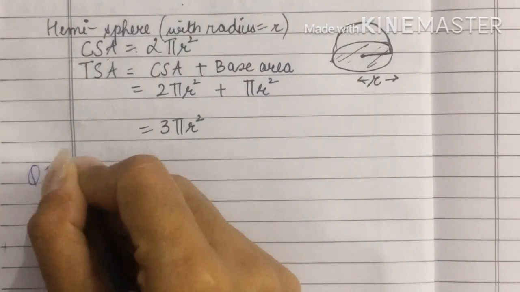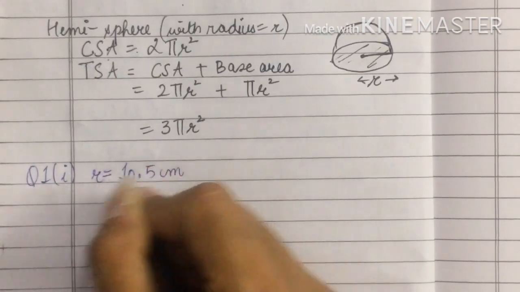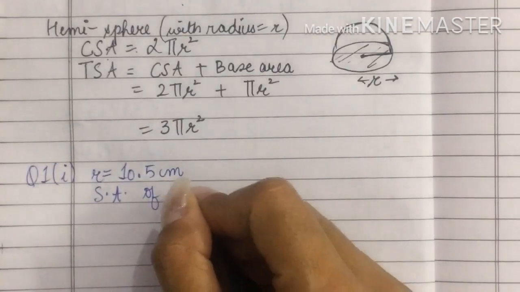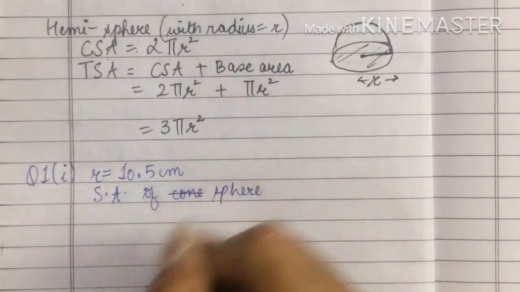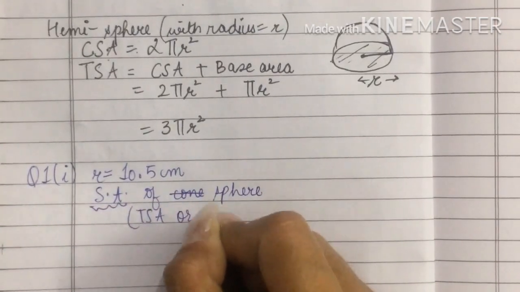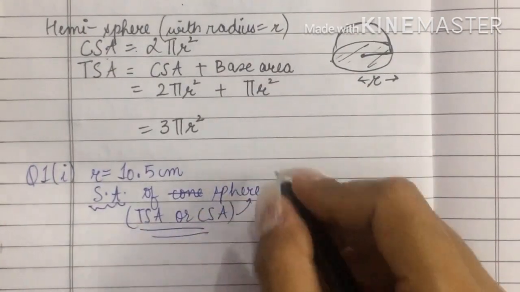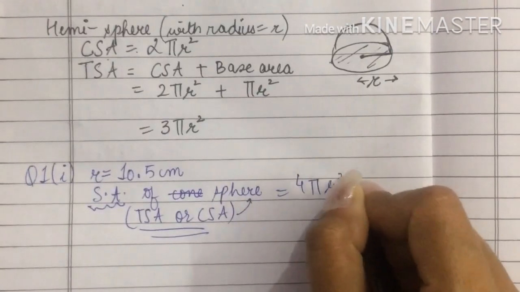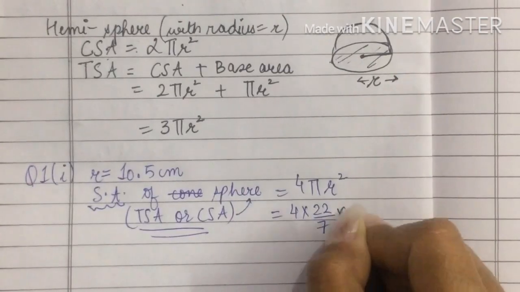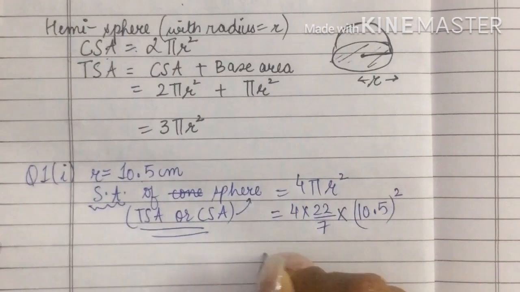Question number 1. First part, the radius is given as 10.5 centimeters. I have to find out the surface area of sphere. So this will either be TSA or CSA, and they are both same for a sphere. For a sphere it doesn't matter, and this is given by 4 pi r square. So 4 into 22 by 7 into the square of the radius, 10.5 squared. Let's solve.